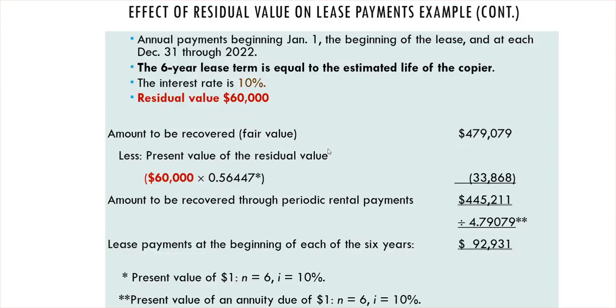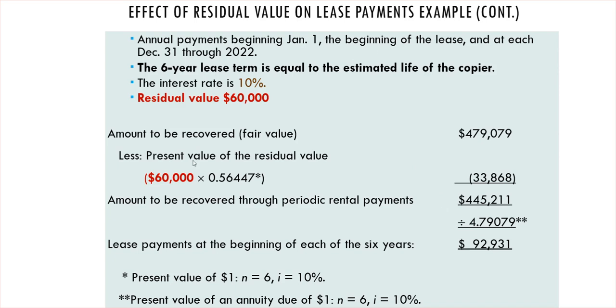When you do your calculations, you have a total amount of present value that you need to receive, and that total amount of present value has to include the PV of the residual plus the PV of the payments. So there's two components there of it.